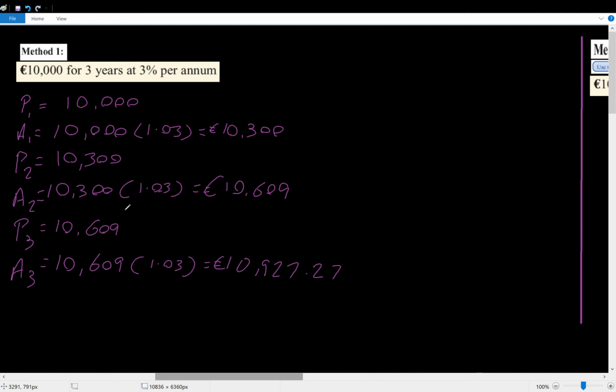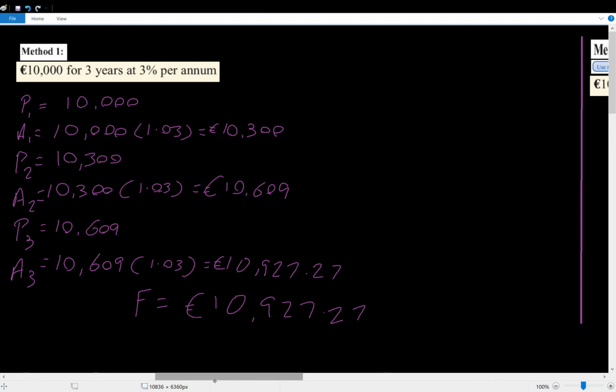This A2 becomes our P3, our amount at the start of year 3. And in order to get our amount at the end of year 3, which is A3, we once again multiply our principal amount by our interest factor. So this 10,927 now becomes our F, our final amount. 10,927.27 is our final amount for this.